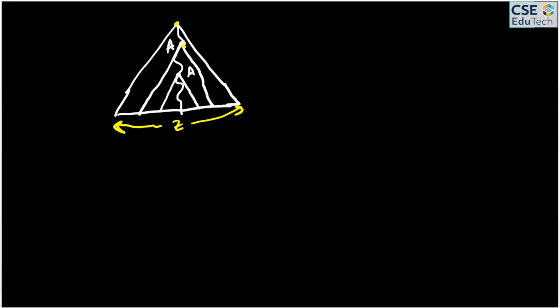So this A generates something that belongs to this string, and this A is also not a start variable, so it also generates something of the string, at least one character, right?